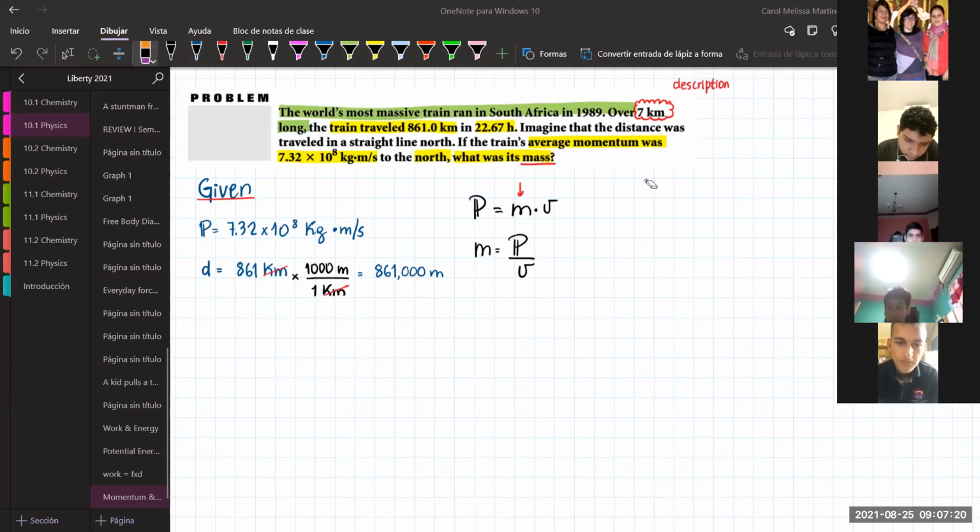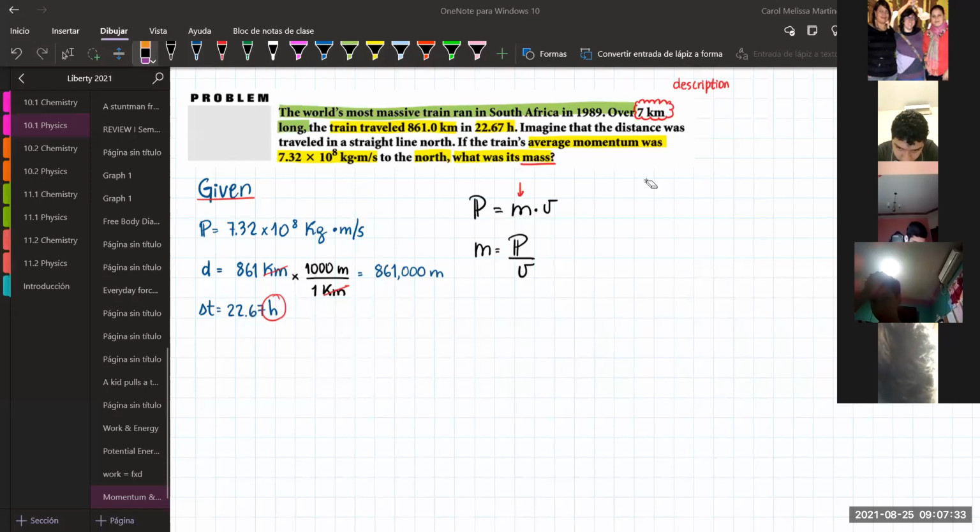Now, the time it took for the train to do all that path was 22.67 hours. And again, I don't need hours. Remember, we need to express that time in seconds. So in this moment, we're going to convert from hours to seconds.